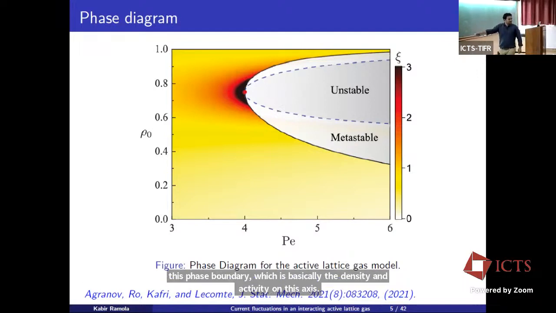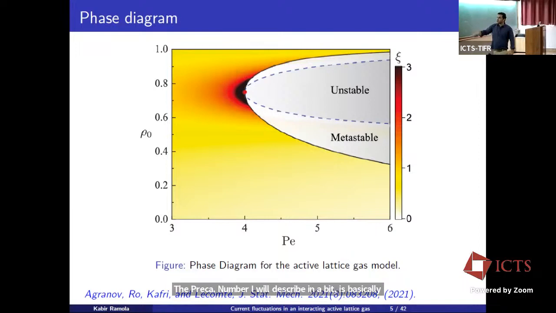So Peclet number, I will describe in a bit, is basically a stand-in for the activity. The more bias you have, the larger the Peclet number, and this is the density. So at a particular density 3/4, you have this sort of divergence, which I will describe.